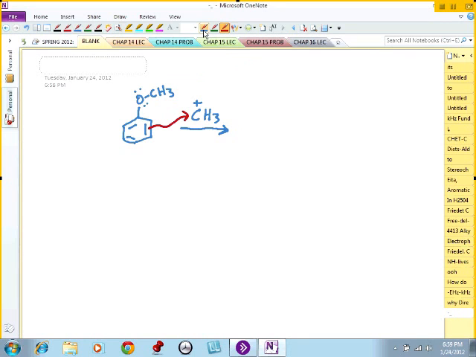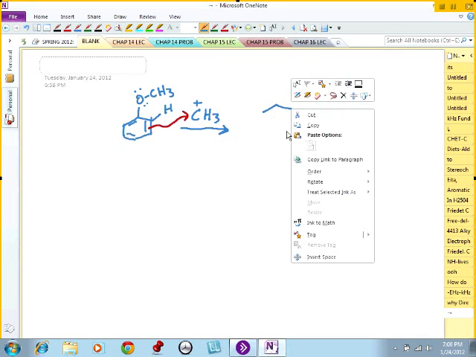And of course, because of this mechanism, let us show that we have this hydrogen here. So now, what do we form?